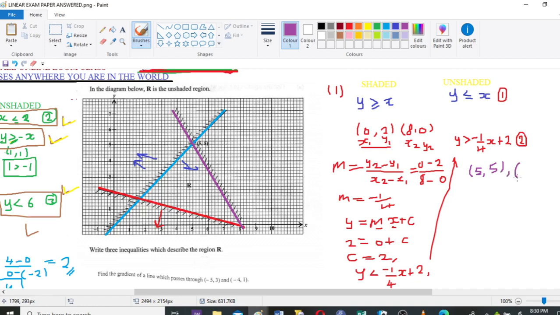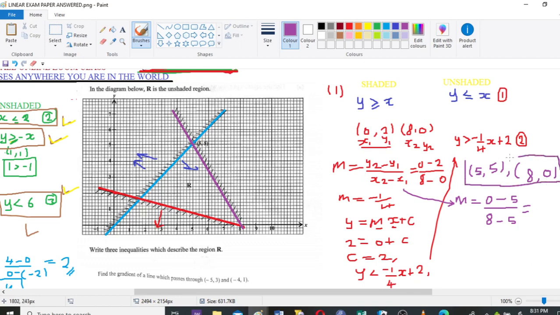And at 8,0, right? So using the formula for the gradient, the same formula we are applying here, we are going to have our y2 is 0 minus our y1 is 5, over our x2 is 8 minus our x1 is 5, which will give us the value for the gradient.